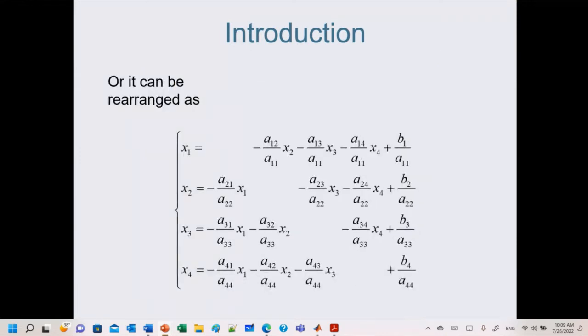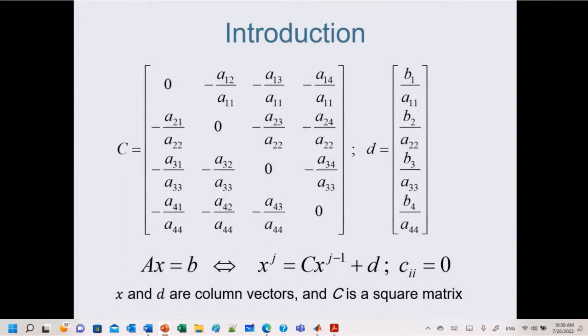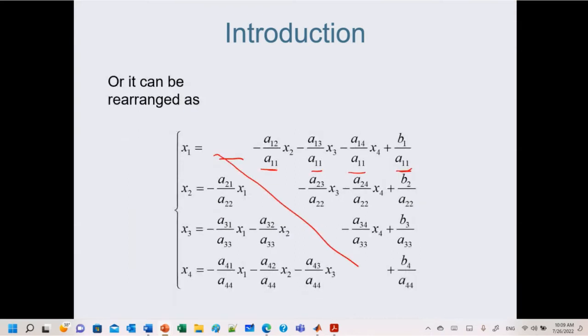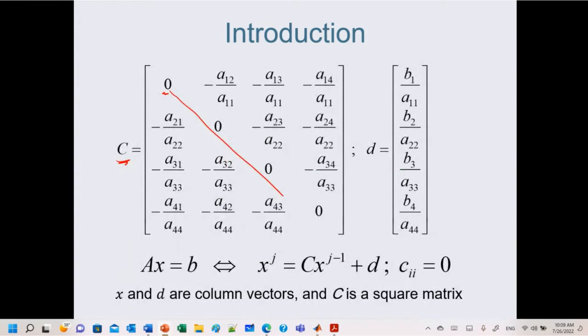So this is the same thing written again, but just to see that for x1 we have 0 and then the coefficient for x2, coefficient for x3 in this one, and we have some constant here. So you can say that this is just like having a matrix C which is 0 in the diagonals, because all of these are zeros, and then we have the coefficients for x2, x3, x4 here, and then we have some constants here.